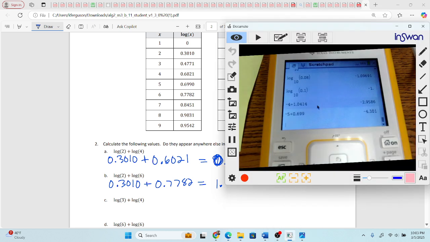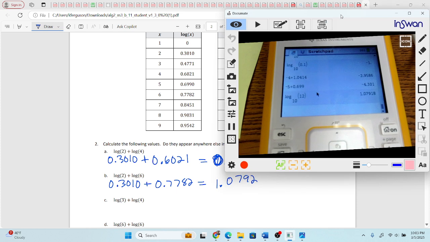So control log, we want base 10 of, what did we say, 12? And let's see, 1.079. Now notice that doesn't say 2 because it's 1 and then an 8.